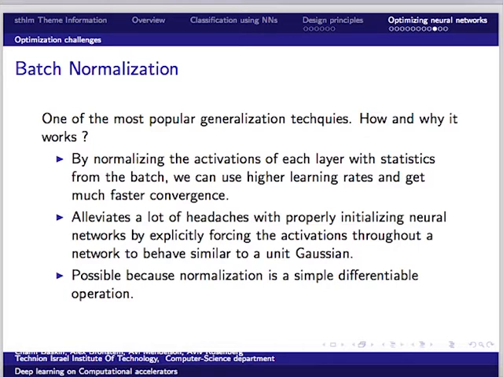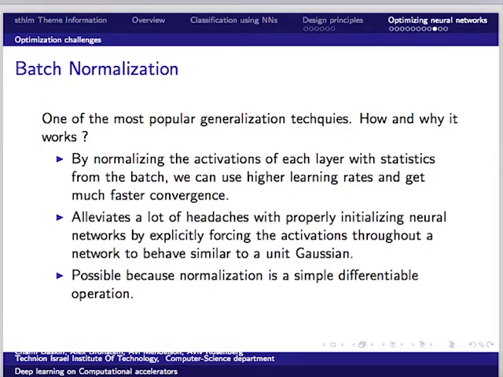It normalizes the activations of each layer with some statistics from the batch, and we have two parameters that we learn. So we can learn parameters to normalize our statistics over the batches.